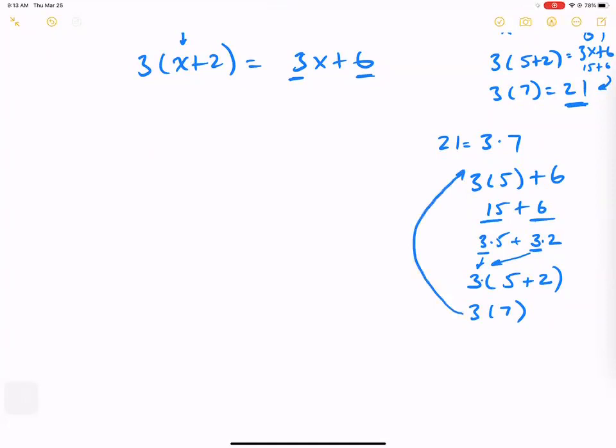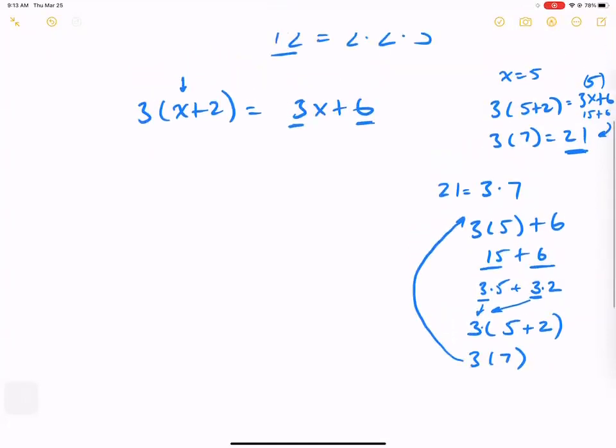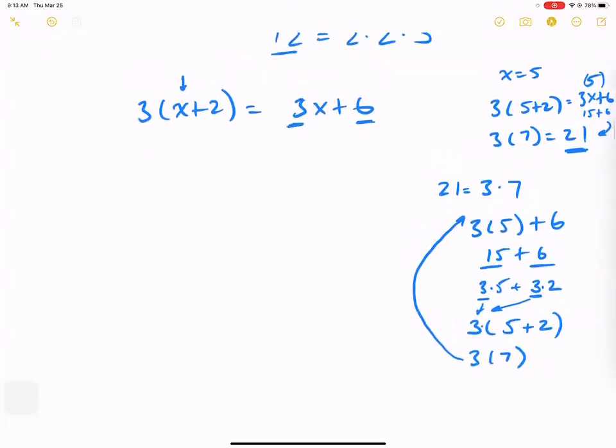Now, it's going to be easier to look at it right here. Look at the numbers 3 and 6. Do they share anything in common that I could divide them both by? Can I divide them both by 2? No, I can't divide 3 by 2. But I can divide 6 by 2, but I can't divide 3 by 2. Can I divide them both by 3? Yes.